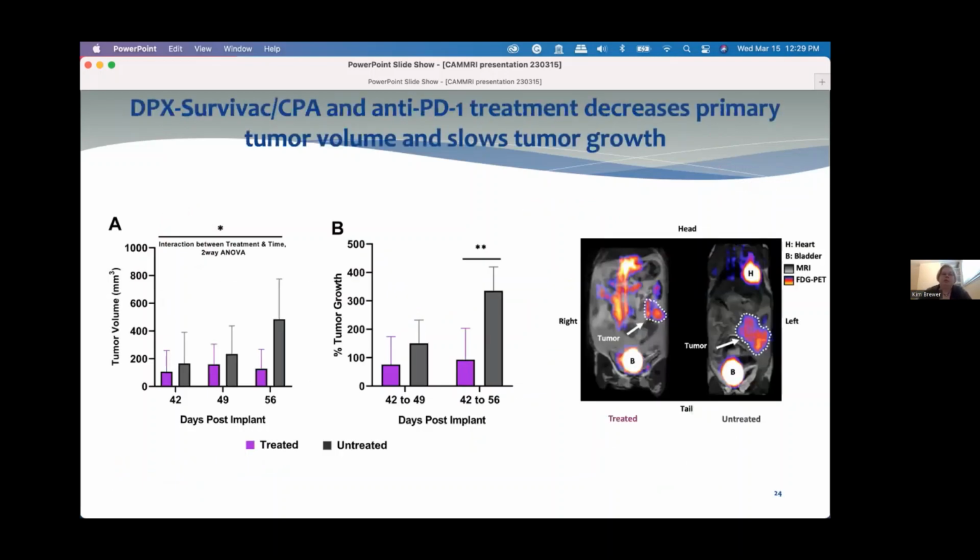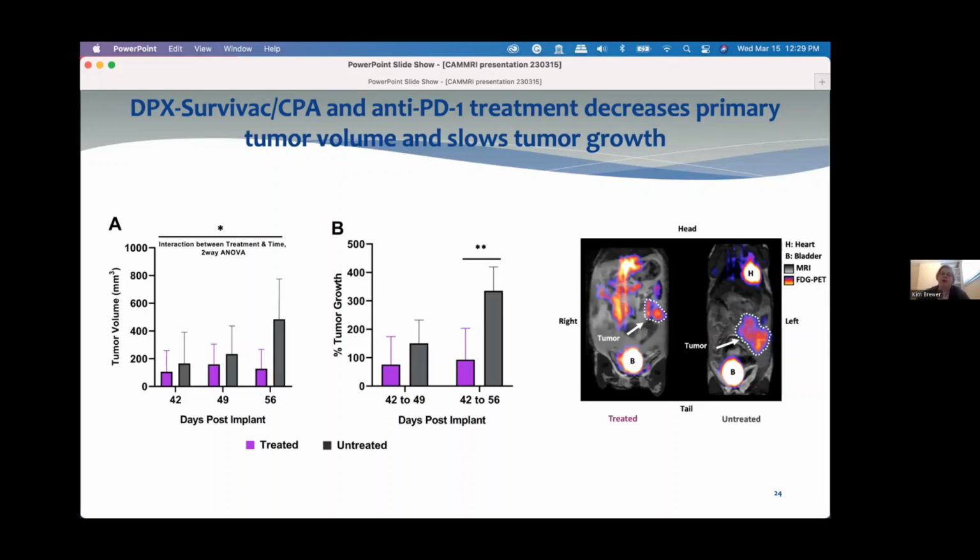So, just to start, we did see a significant difference. There wasn't a significant difference at any single time point, but when doing an ANOVA, there was a significant difference over time. And there was an interaction between treatment and time, which is interesting. They aren't completely separate variables. From day 42 to 56, we saw a significantly greater increase in the volumes in untreated tumors.